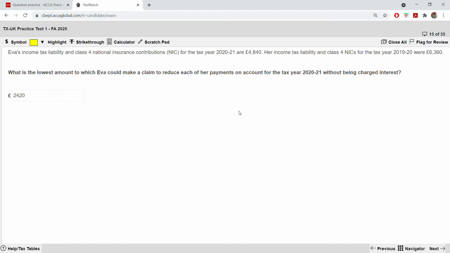You're making 2 payments on account, right? So what is the lowest amount to which Eva could make a claim to reduce each of her payments on account for the tax year without being charged interest?